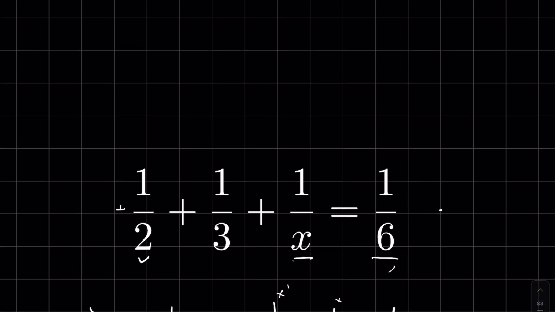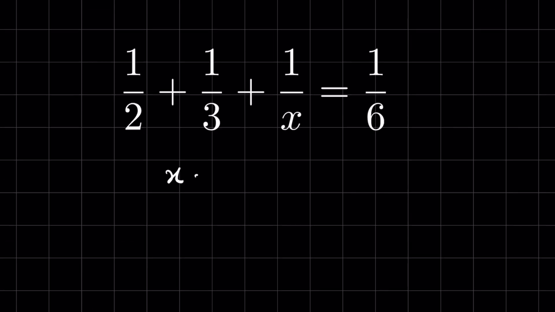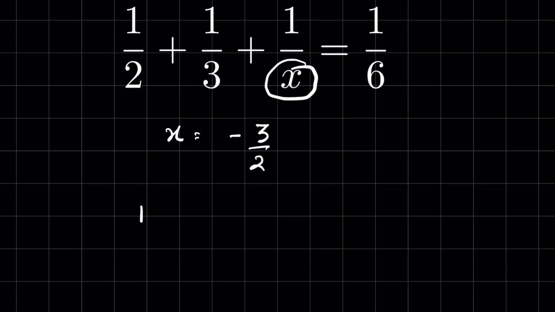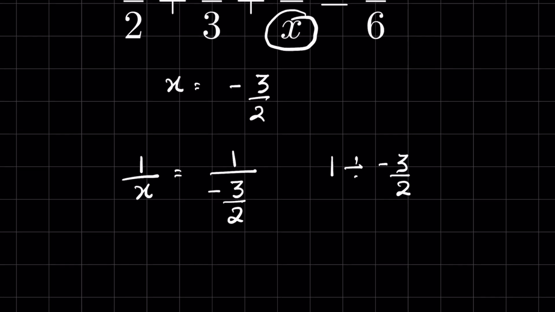We can verify this answer. The value of x that we got is minus 3 upon 2. x is here in the denominator. So 1 upon x will be 1 upon minus 3 upon 2. This means 1 is divided by minus 3 upon 2. And when we convert division into multiplication, the number after that gets inverted.